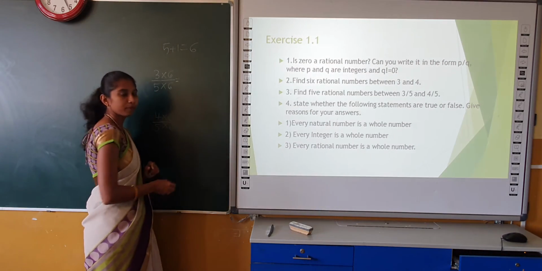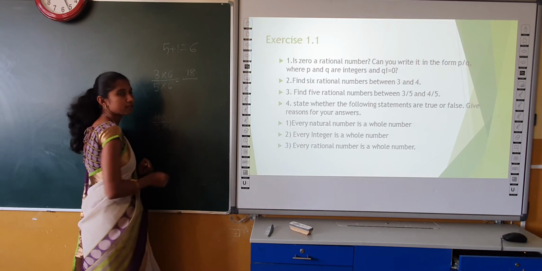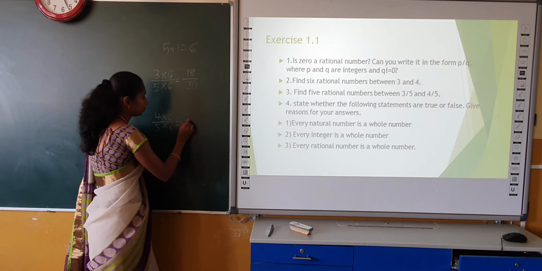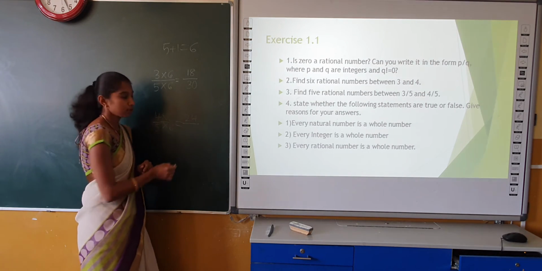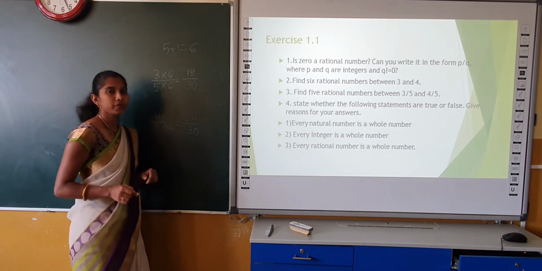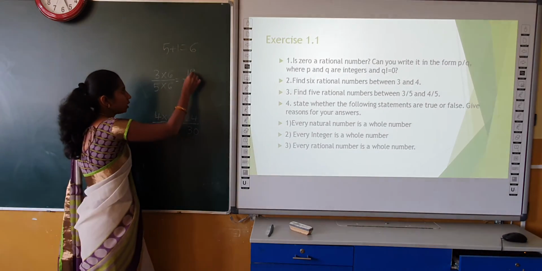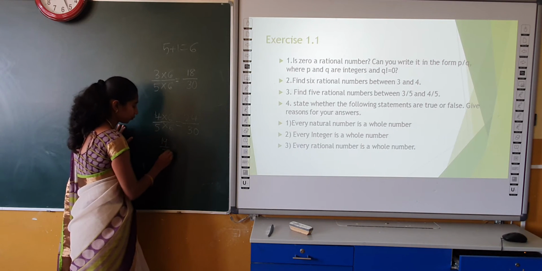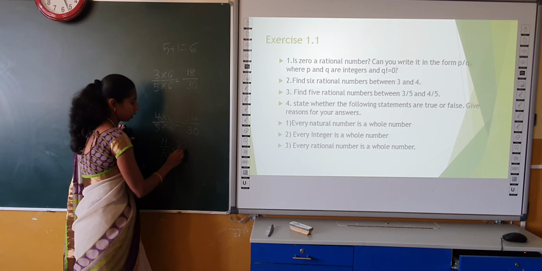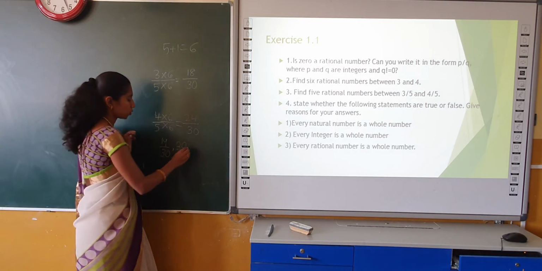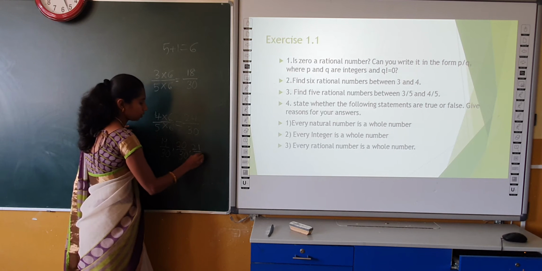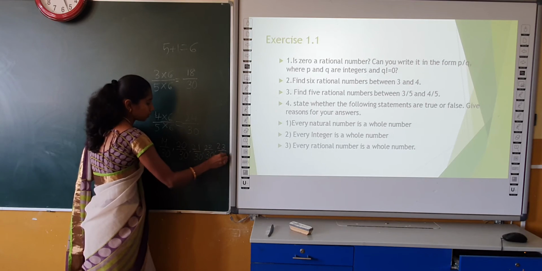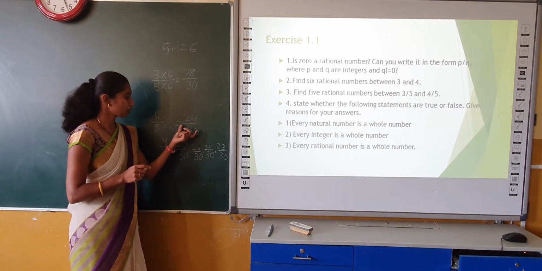Okay, 6 threes are 18, 6 fives are 30, again 6 fours are 24, 6 fives are 30. Between these, which numbers are you going to get? Tell me now. After 18 by 30, of course, it is 19 by 30. Next is 20 by 30, next number is 21 by 30, next is 22 by 30, next is 23 by 30. 24 by 30 we can't take because it is the last number.